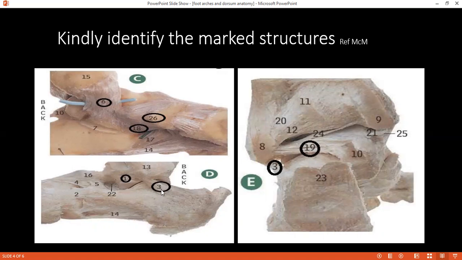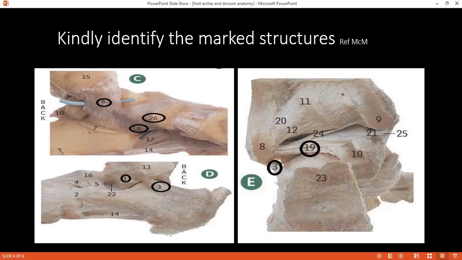Number 3 is the calcaneofibular ligament. Moving on to image E, identify number 19. 19 is the posterior talofibular ligament.